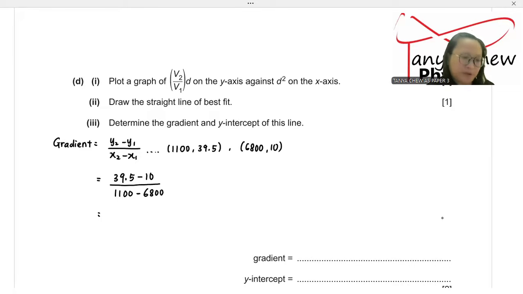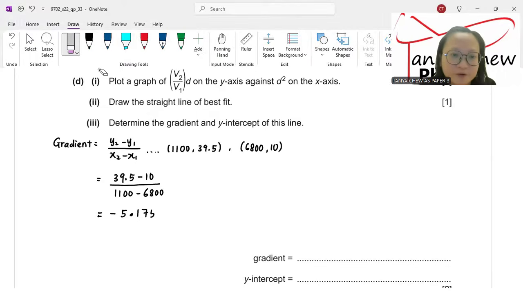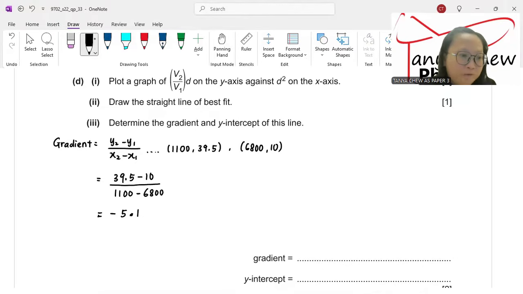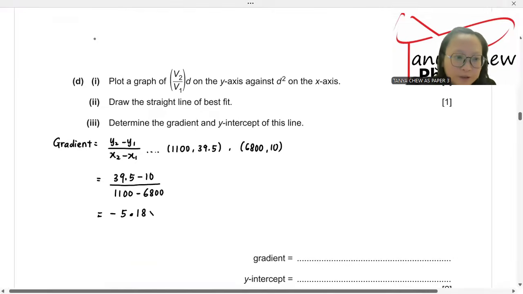And I got negative, of course. My answer was negative 5.17. I just put more significant figures, never mind. I just put it in terms of three significant figures: negative 5.18 times 10 to the power of negative 3.